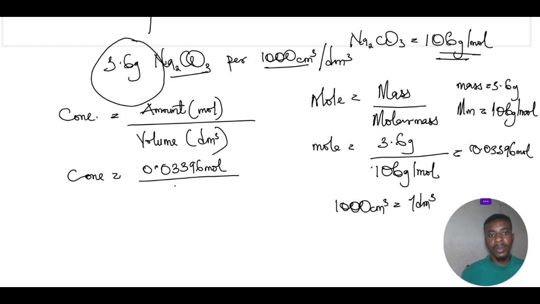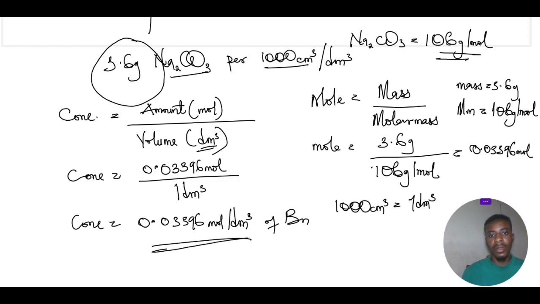So per 1 dm³, we are using dm³ because the unit here is in dm³. When you divide this, the concentration becomes 0.03396 mole per dm³ of BN. So this is the concentration of your BN, which is your sodium trioxocarbonate(IV).